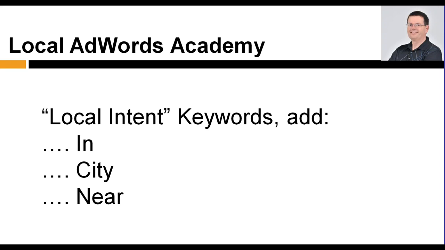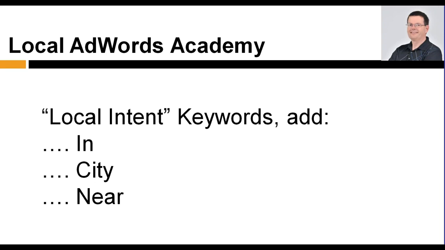So what are local intent keywords? Local intent keywords are high search keywords to which you add simple words like "in," the city name, or "near." Because there's a difference: car repair or car repair in.